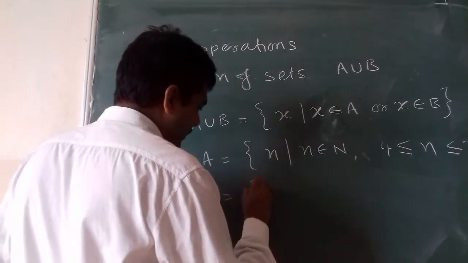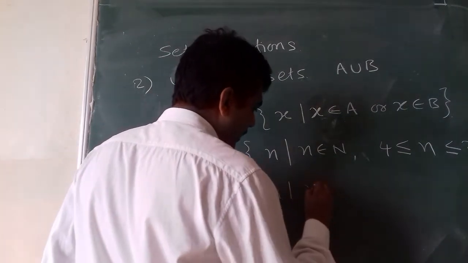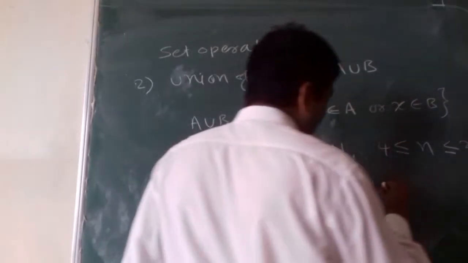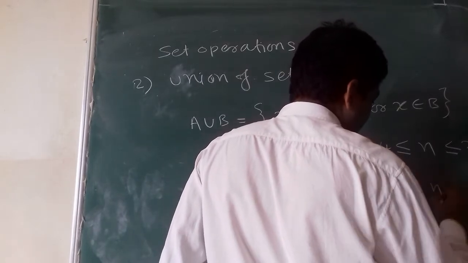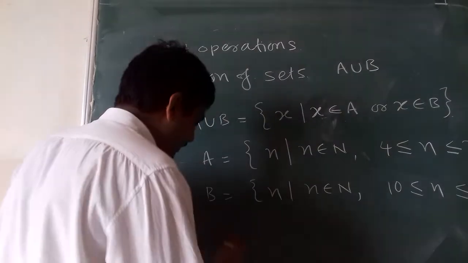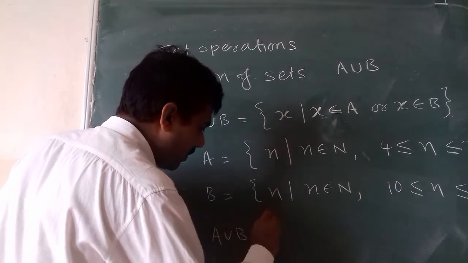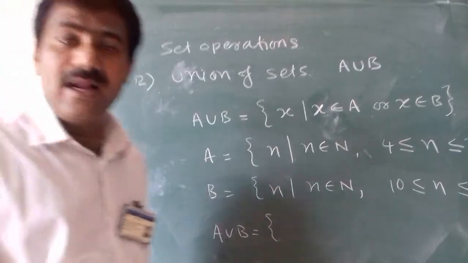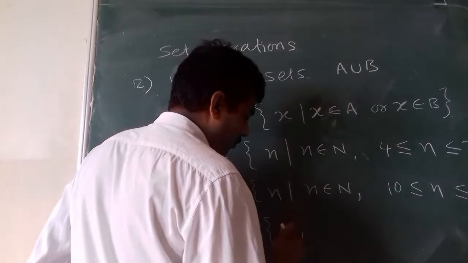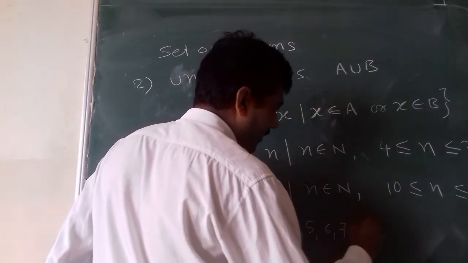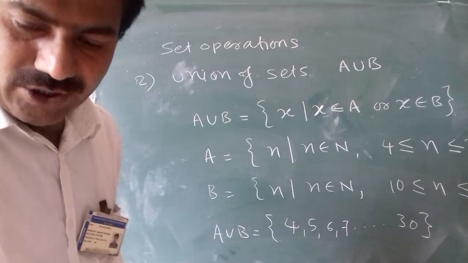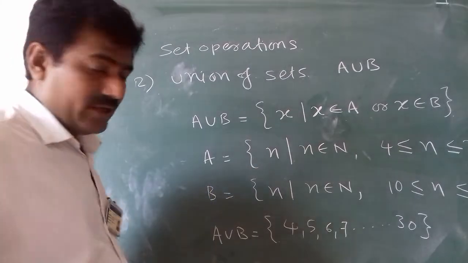And capital B is another set which contains the elements n, such that n belongs to capital N, and n is greater than or equal to 10 and less than or equal to 30. Okay. So what will the union of these two sets be? It will contain the elements from 4 to 30. Right? So it will contain the elements 4, 5, 6, 7 up to 30. Okay. So this is the union of the two sets, A and B.